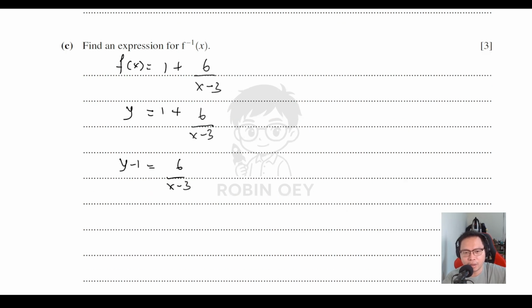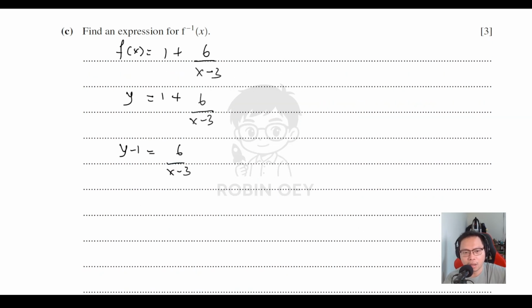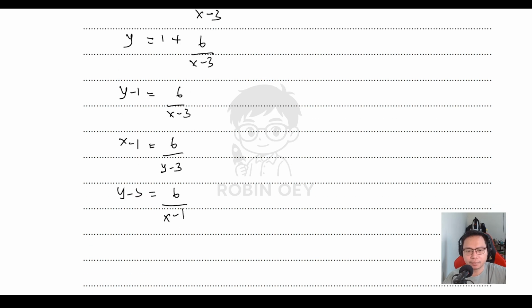Then we replace x and y, so this becomes x minus 1 equals 6 over (y minus 3). Now we have y minus 3 equals 6 over (x minus 1). The final answer would be y equals 6 over (x minus 1) plus 3. That is the answer for part C.